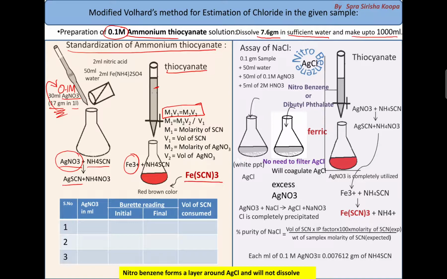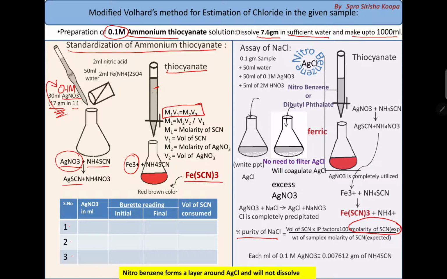Whatever molarity you get here, you have to use in the percentage purity of NaCl. So this is the molarity of thiocyanate which you will get experimentally. So this is the standardization. For this, you have to repeat the experiment 3 times to get concurrent values.